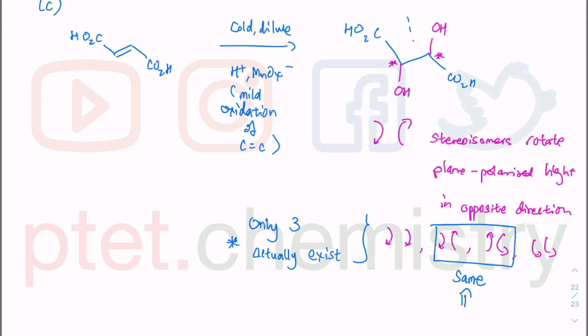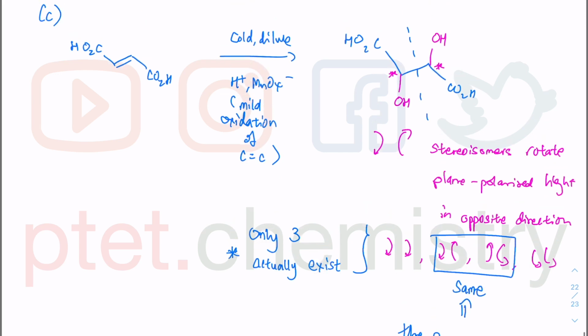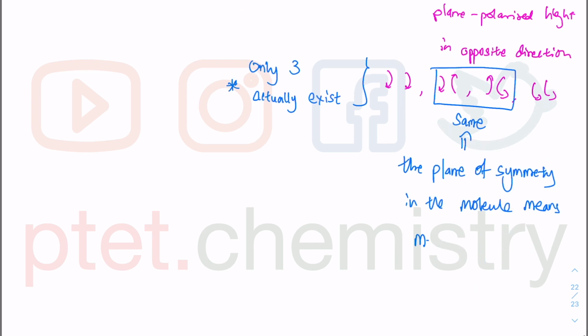You can see there's a plane of symmetry. So the product above has a plane of symmetry along the middle there. Because of this plane of symmetry in the molecule, we have a meso isomer.